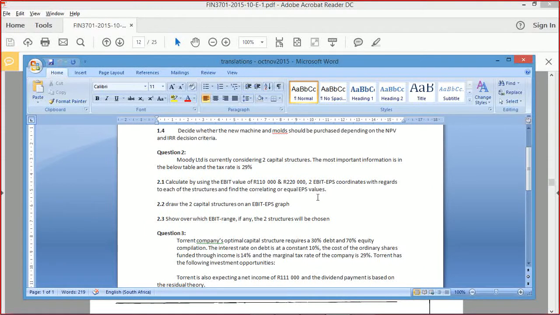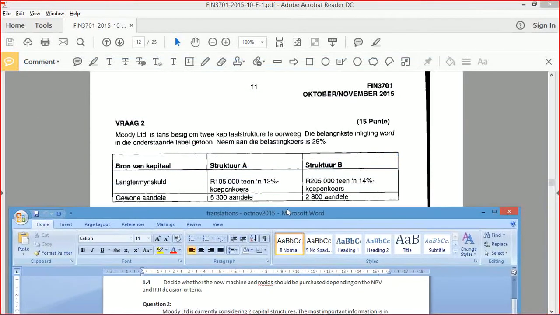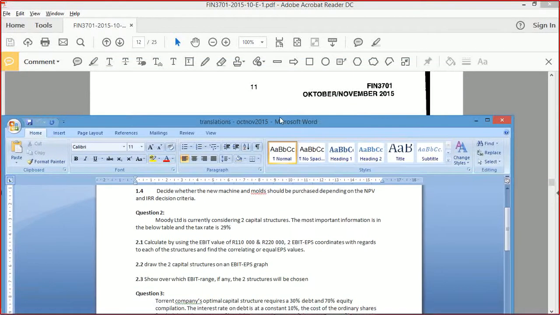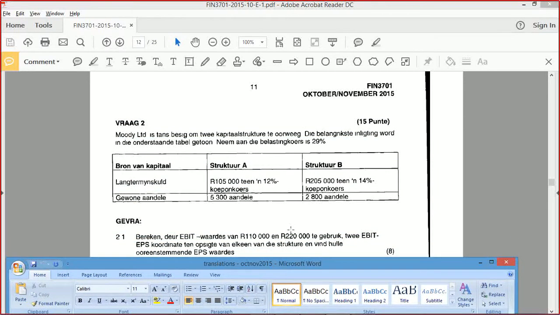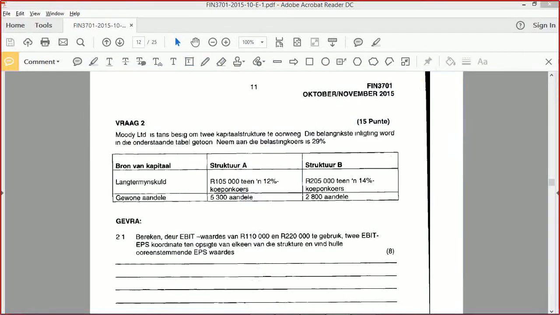Let's see here. Calculate the EBIT value of the 110,000 and 220,000. Okay, so then that would be debt and equity. If we look at what they've given you, if we're creating the actual structure, do you agree we've got EBIT of 110,000, and then we're going to be charging interest on that.